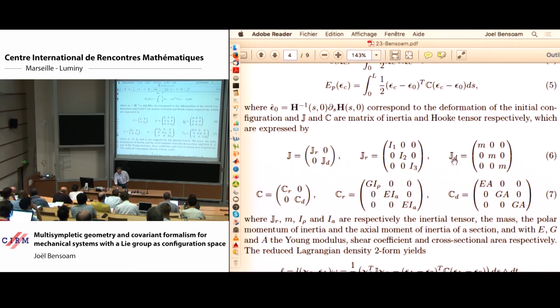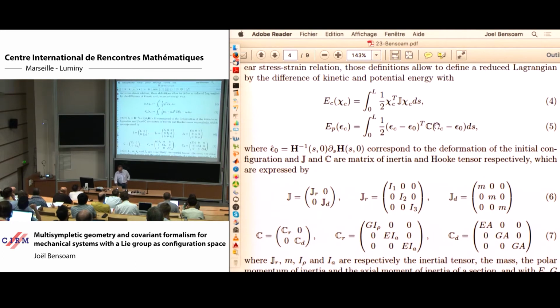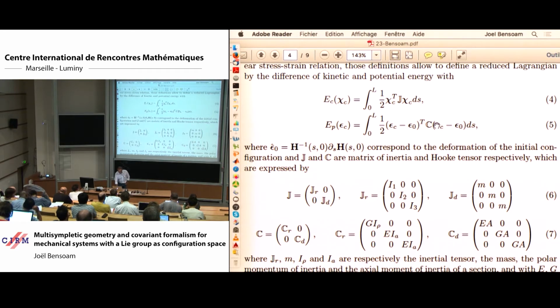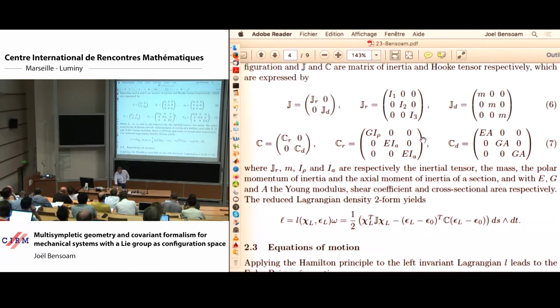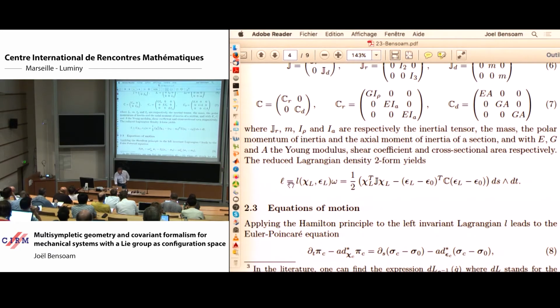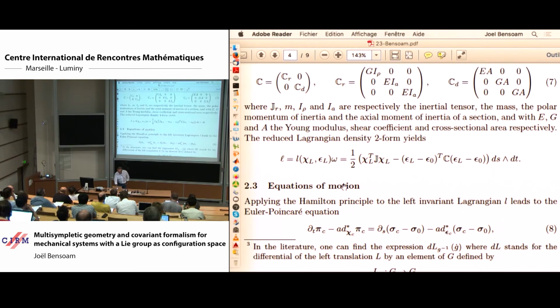You make the assumption that the energy with deformations is a linear correspondence. So you can compute in this situation a density corresponding to the kinetic energy and the potential energy.